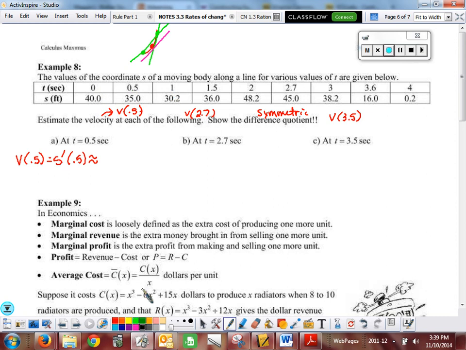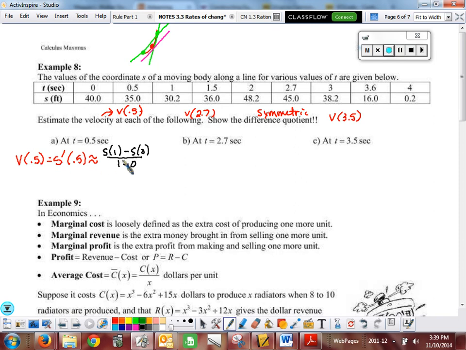Now you do want to make sure that when you show your work, you're showing the difference quotient that you use so you get credit for it. So we're going to do s of 1 minus s of 0 over 1 minus 0. So you want to show that you know you're using an average rate of change to estimate an instantaneous rate of change.